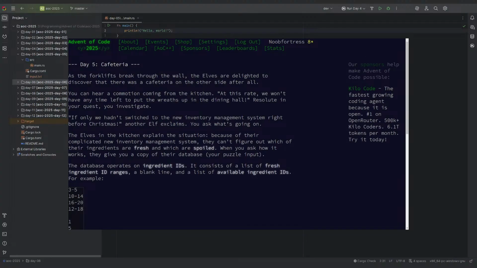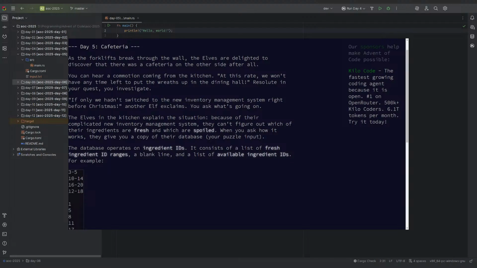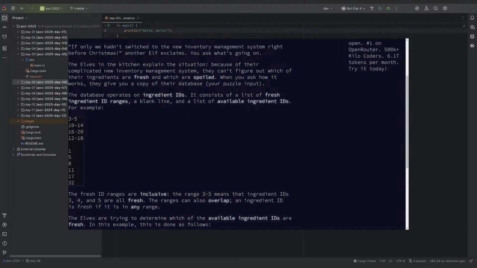Let's see. Cafeteria. As the forklifts break through the wall, he is also delighted to discover that there was a cafeteria on the other side after all. You can hear a commotion coming from the kitchen. At this rate, we won't have any time left to put the wreaths up in the dining hall. Resolute in your quest to investigate. If only we hadn't switched to the new inventory management system right before Christmas, another elf exclaims. You ask what's going on. The elves in the kitchen explain the situation.